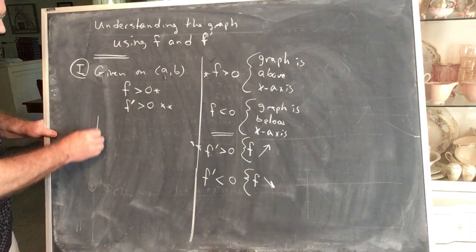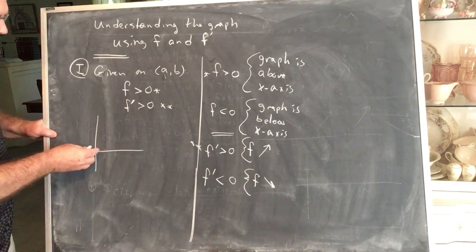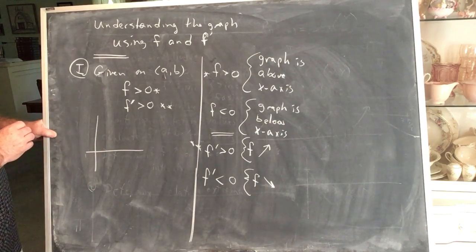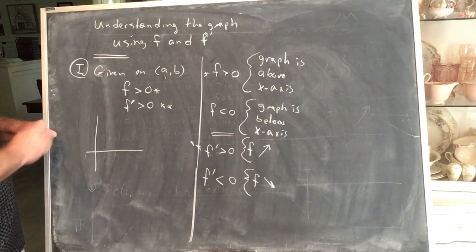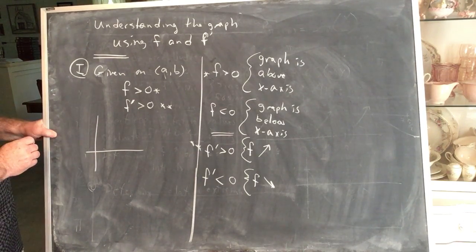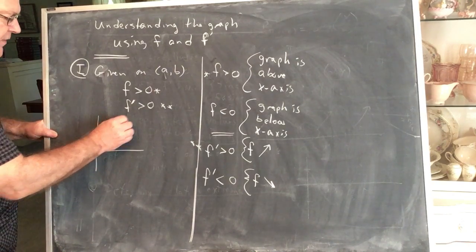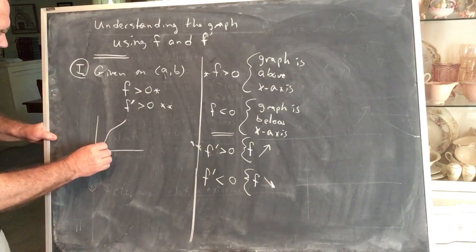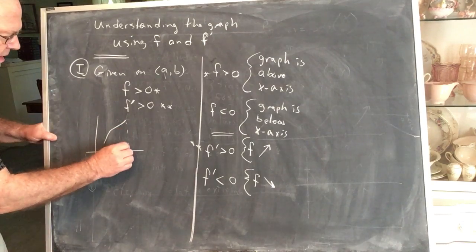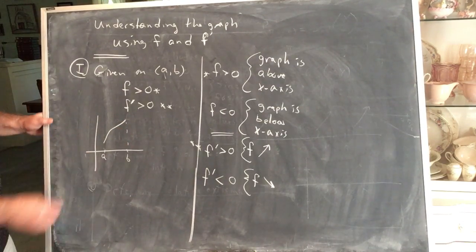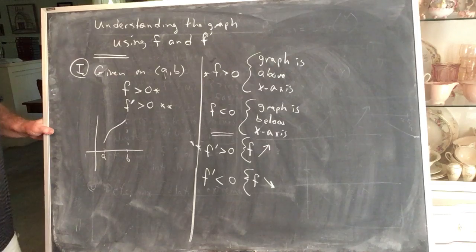So what might the graph of that look like? Well, it needs to be above the x-axis and the function must be increasing. So a curve like this, if this is A and this is B, then this curve would meet those two requirements.